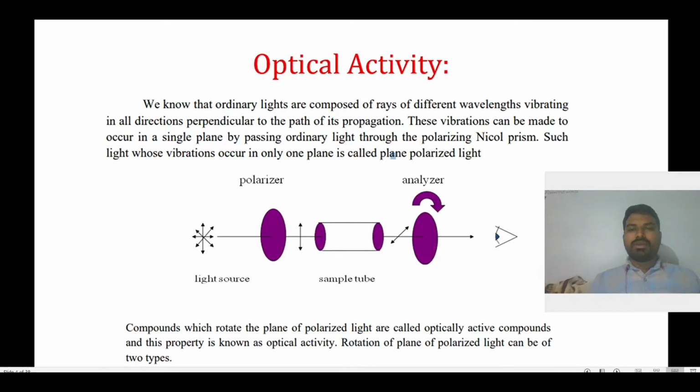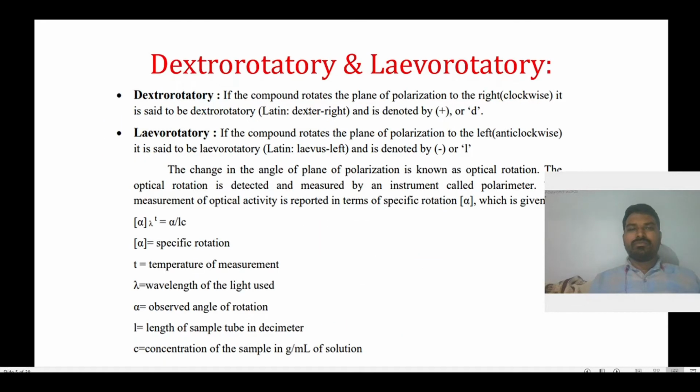Now we will see the types: dextrorotatory and levorotatory, denoted by small d or small l. If the compound rotates the plane of polarized light to the right, that is clockwise, it is said to be dextrorotatory.